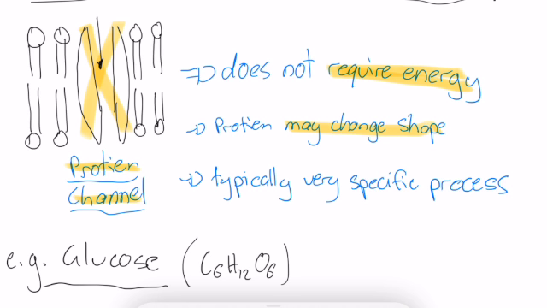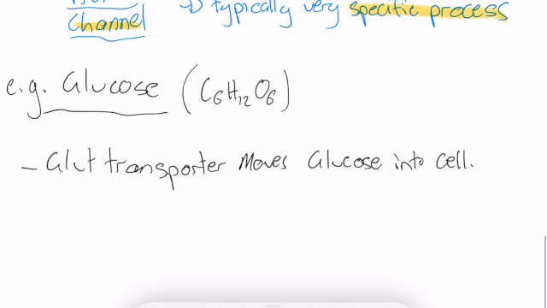So facilitated diffusion is a very specific process. It cannot accommodate an array of different molecules. Usually it's very specific, with an example being, in cells, the use of facilitated diffusion for glucose. We know there are specific proteins within the cell membrane which allow this diffusion to take place in a passive sense.